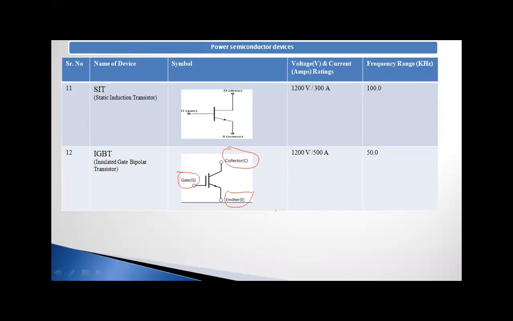Is it clear? Which device has collector and emitter terminals? BJT. And in which is the gate present? MOSFET. So the combination of the MOSFET and BJT can be called IGBT. Is it clear? The voltage rating is 1200 volts, the current rating is 500 amperes, and the frequency is 50 kilohertz. So 50 kilohertz is also high frequency, and it can be considered a high frequency device.